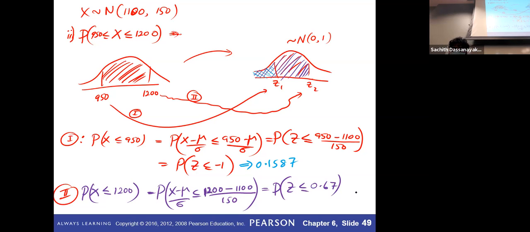It's 1200. So for the area, simply go to the table. Since this is positive, table number 2, 0.67. This is tiny, so 0.7486, from table number 2.